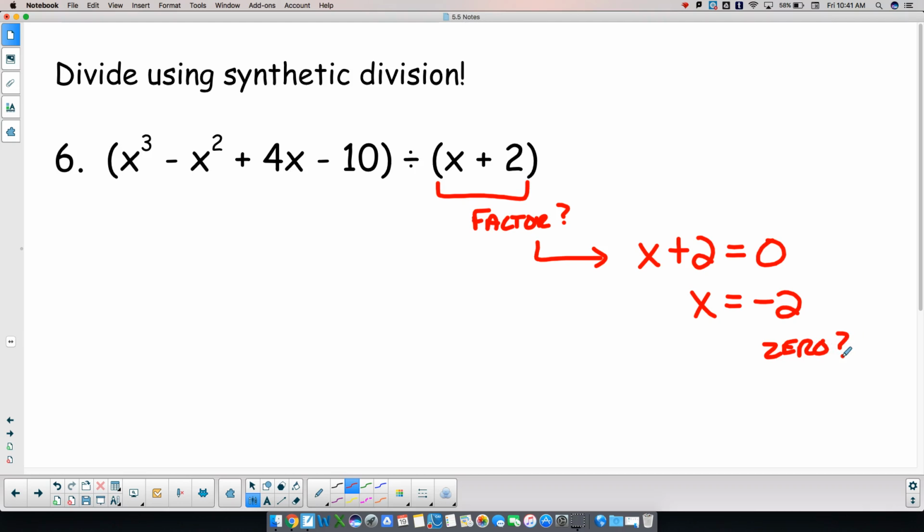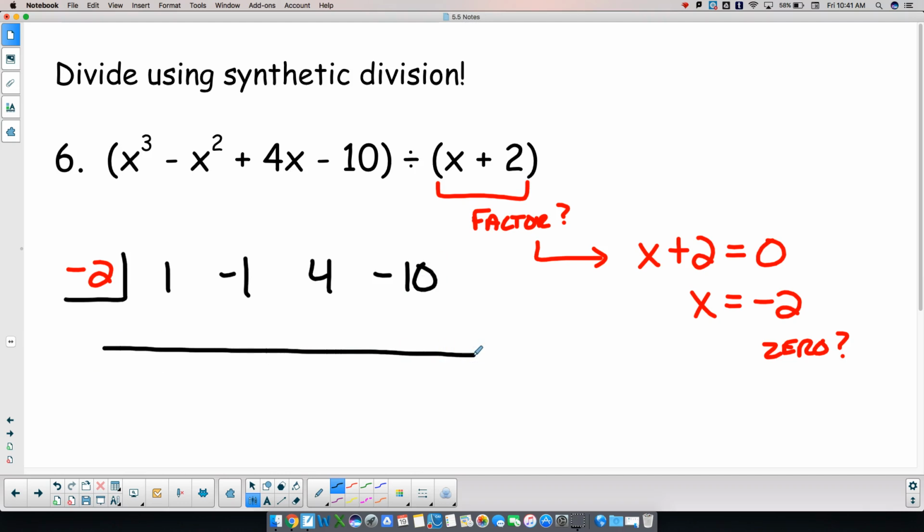Okay? So negative 2 is going to go on the outside. My coefficients of 1, negative 1, 4, and negative 10. 1, negative 2, negative 3, 6, 10, negative 20, negative 30.